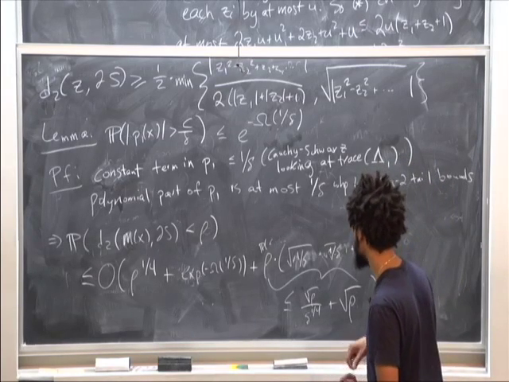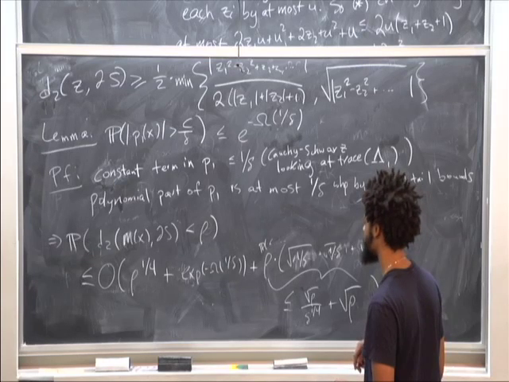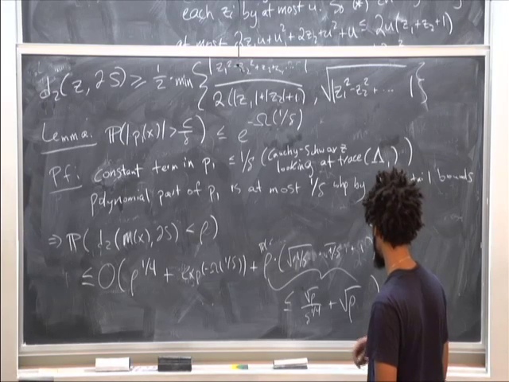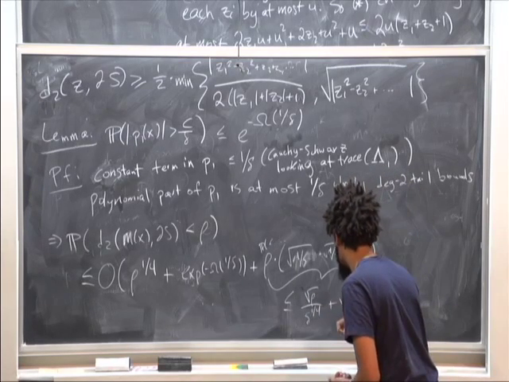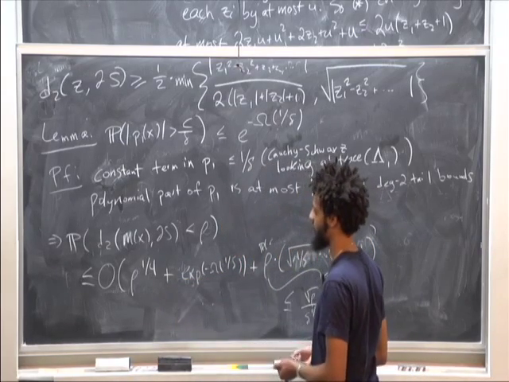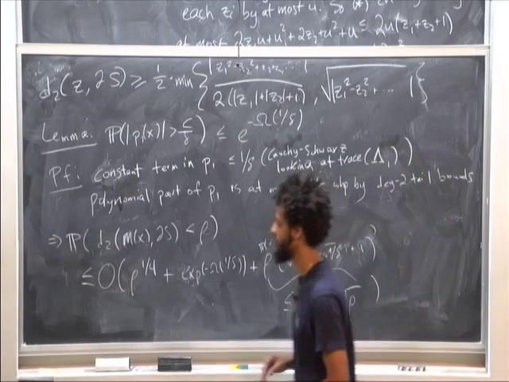Okay, so this is telling us that we should set rho to be something like epsilon to the 4. We haven't set delta yet, but rho is going to be something like epsilon to the 4th, or maybe even less later.